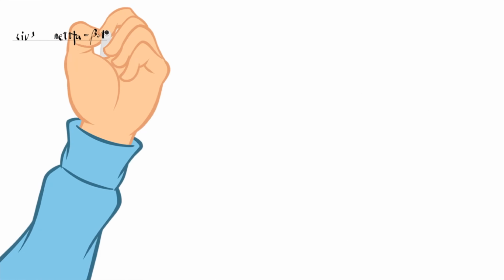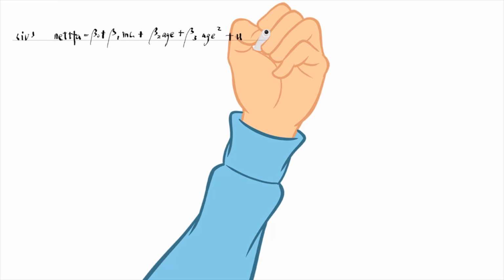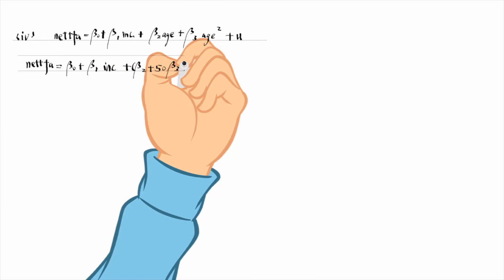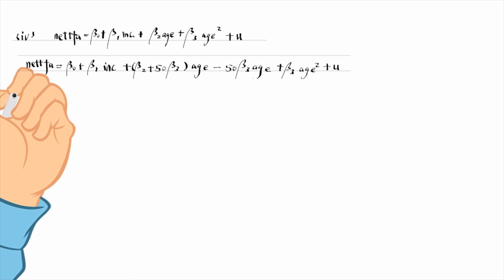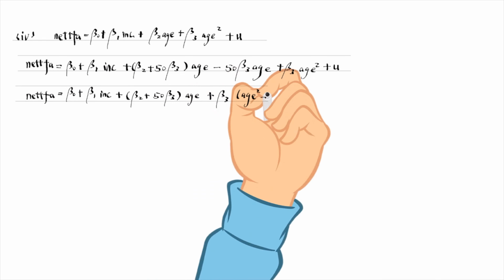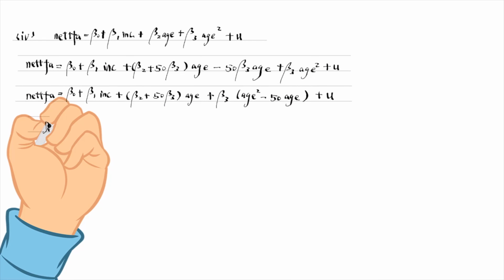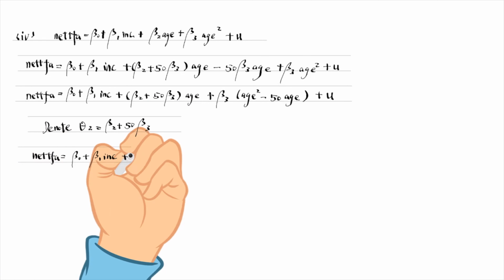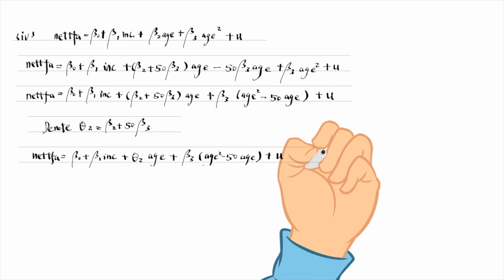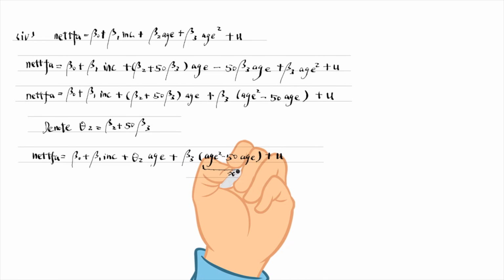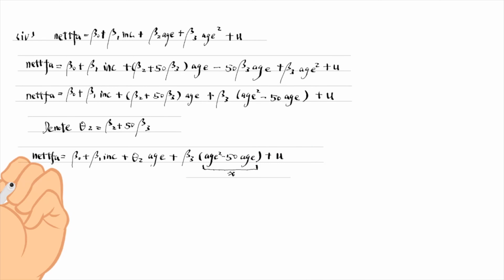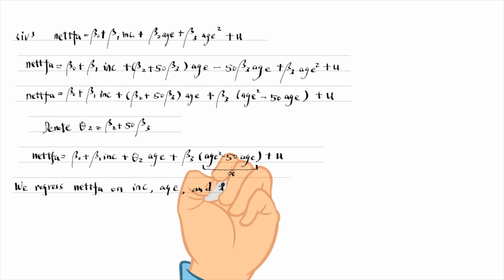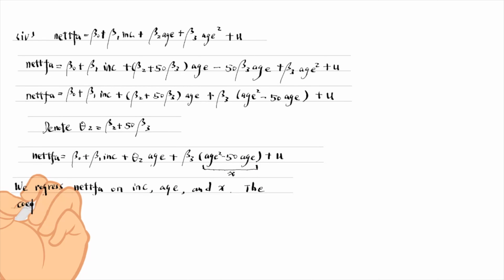In part 4, we rearrange the parameters and define theta 2. We construct a new variable x, and then regress net assets on income, age, and x. The coefficient on age is theta 2.